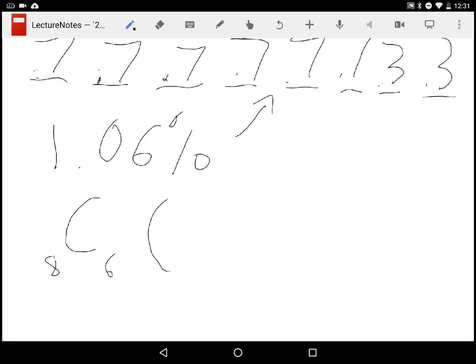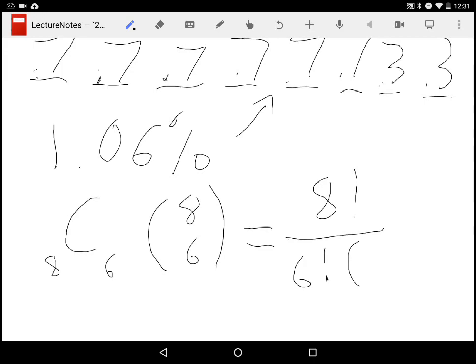Another way that you might see it is like this. And the formula for this is 8 factorial over 6 factorial times 8 minus 6 factorial. Okay?